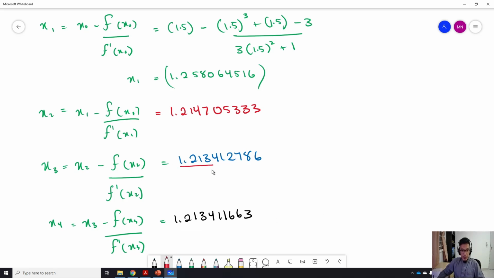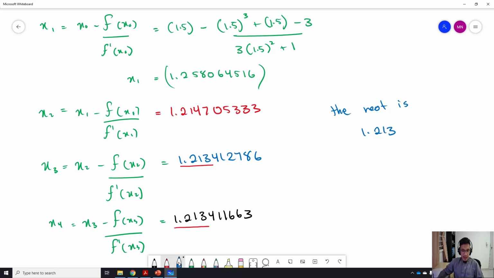So the same number, 1.213 and 1.213. Since the first 3 decimal places are the same, we can stop our calculation here, and we can state that the root is 1.213.